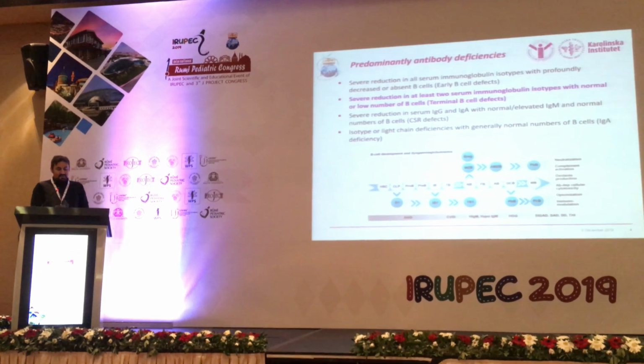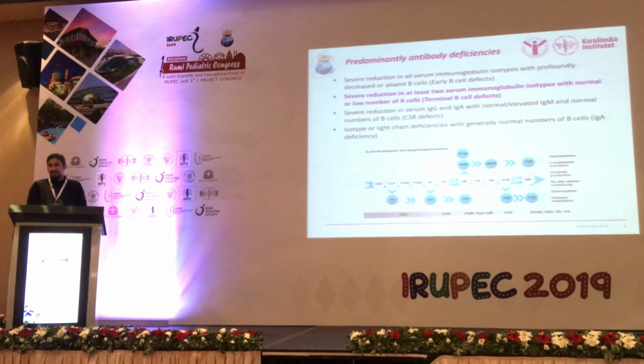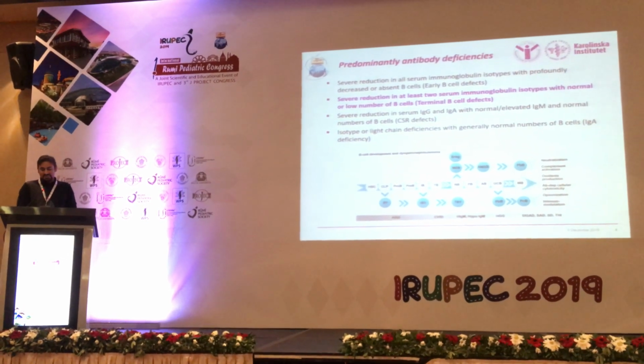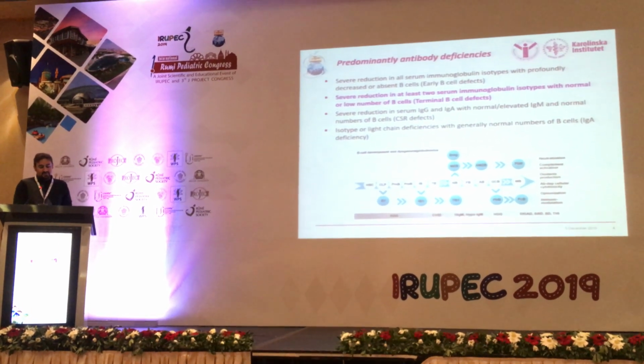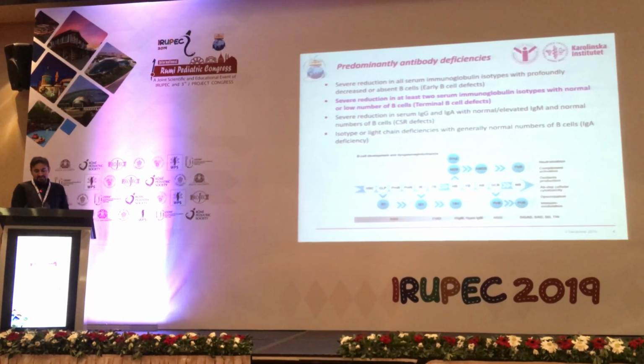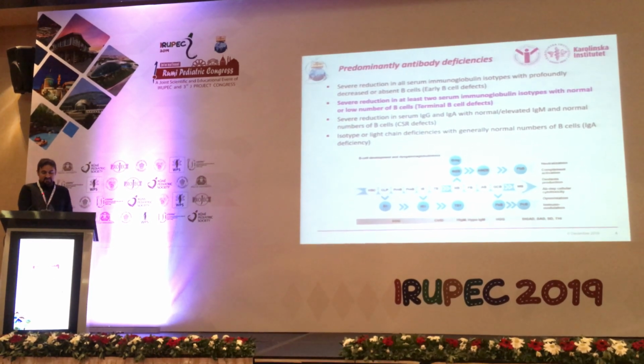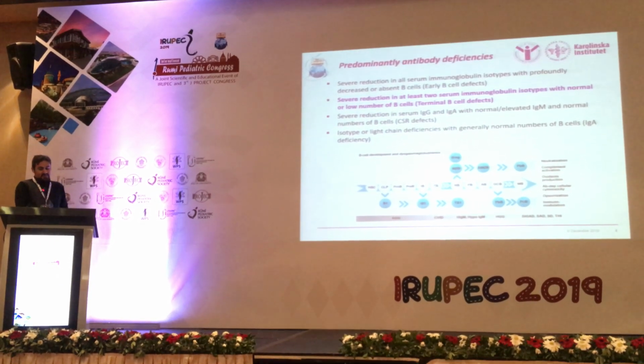We could have a class switching recombination defect, which usually presents with a high level of IgM in the serum, and we call them CSR defects. They also have reduced levels of class-switched immunoglobulins IgG, IgA, and mainly IgE as well.